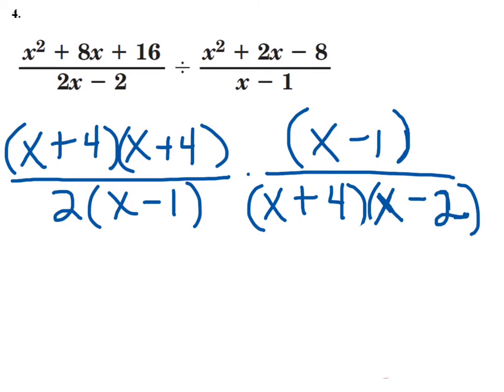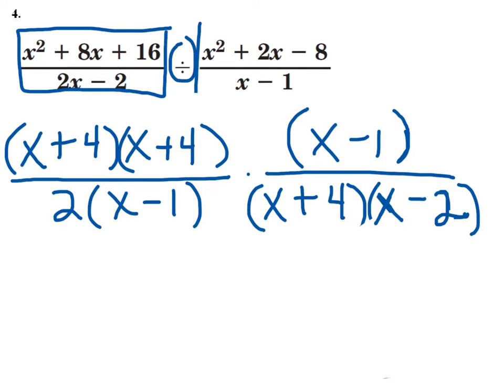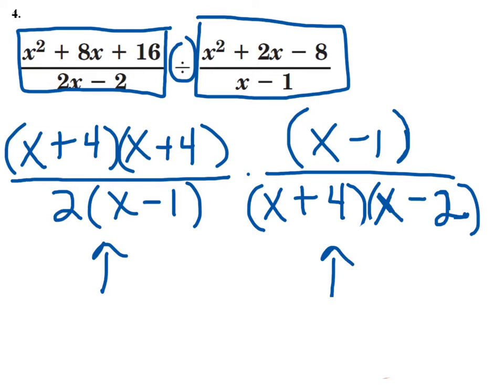Now that we've rewritten the expression such that the first rational expression divided by the second rational expression is the same thing as rewriting our first rational expression in factored form multiplied by the reciprocal of the second fraction, we're left with the same multiplication process that we've previously done.